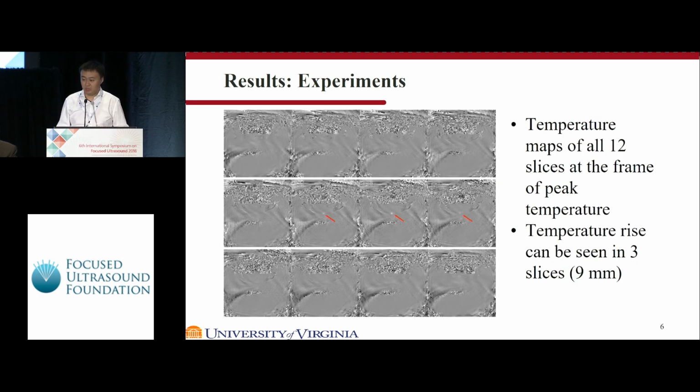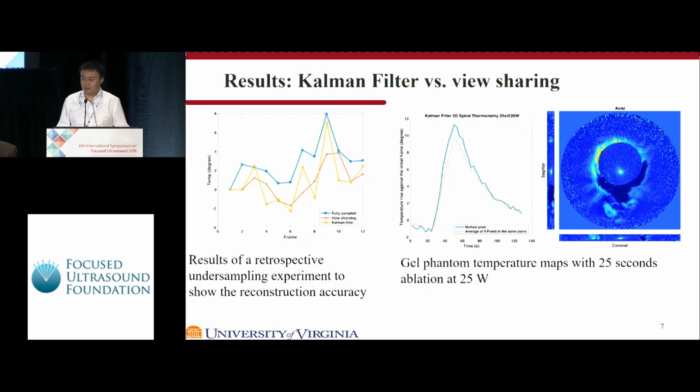Here we show the result for the experiment, with the temperature map of all 12 slices. From this figure, we can see that the temperature rise appears in 3 slices, which corresponds to 9 millimeters along the slice direction. We compare with the Kalman filter a naive reconstruction with the undersampled method, which combines the data from different frames.